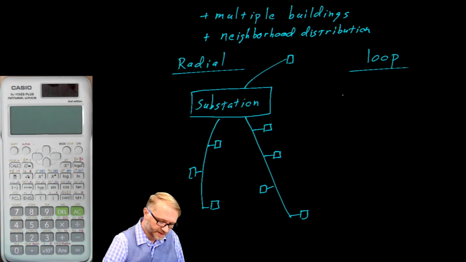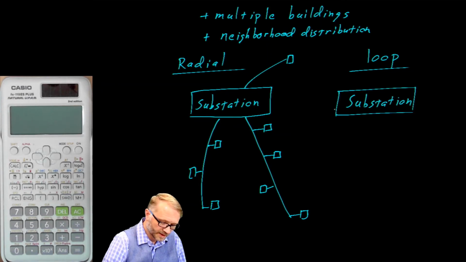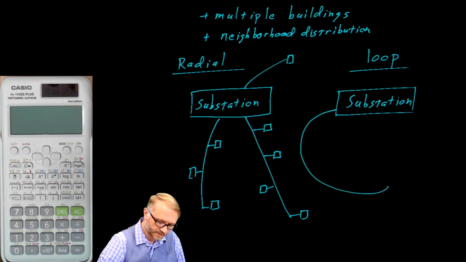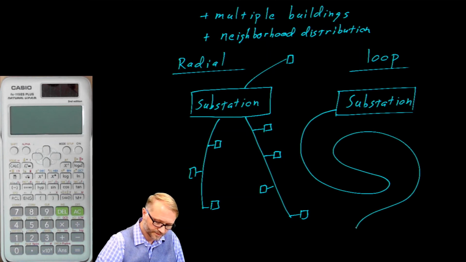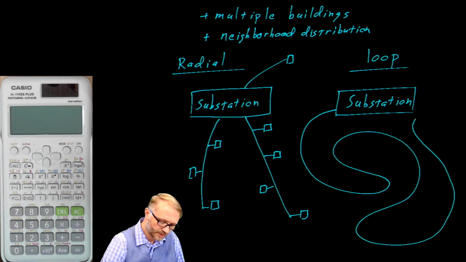The loop takes an entirely different form. It still has a substation. You'll have wires that are, well, they're in loops. But the wire will always come back to the substation. So you might have users like so.